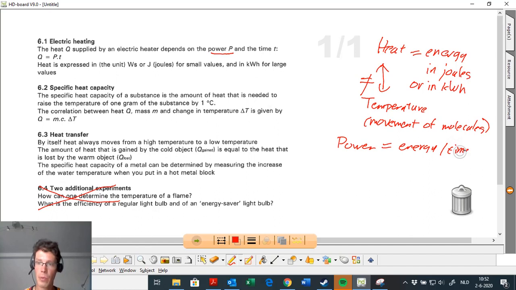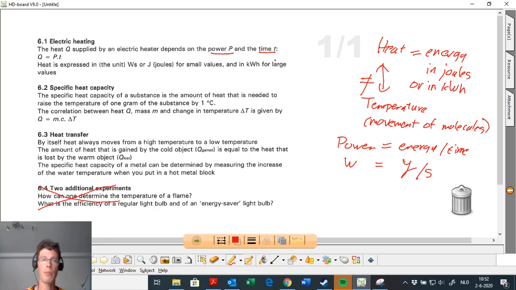So the unit of power is the watt, which is the same as the unit of energy, joules, divided by the unit of time, seconds. So it's often given in joules per second. It also depends on time, of course. The longer you use a device, the more energy it will use.